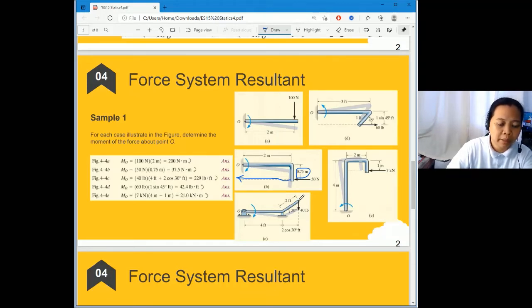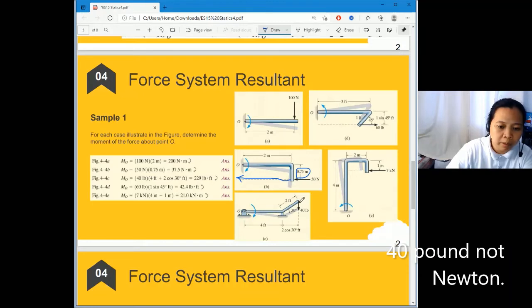What will be the moment arm? Before we solve the moment, let's first find the moment arm. If we translate our load of 40 at this axis here.